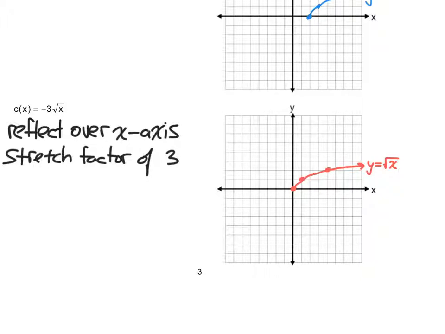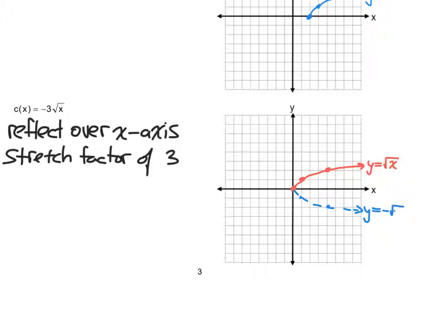But ultimately, I have to flip each point over the x-axis. Well, 0, 0 doesn't get flipped, and after that, I have to triple its distance away from the x-axis. That's the stretch factor of 3. All right, so I'm going to do it in stages. So first I'll flip. I'll do it as a little dashed curve there.